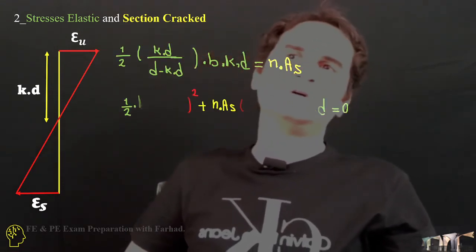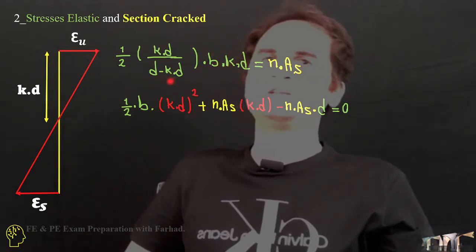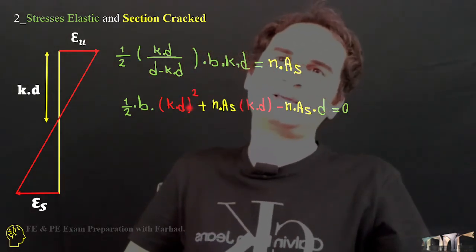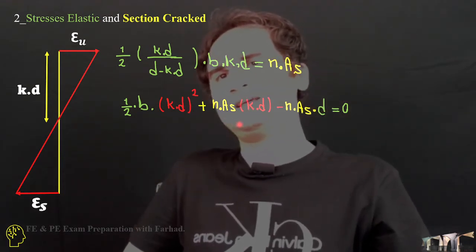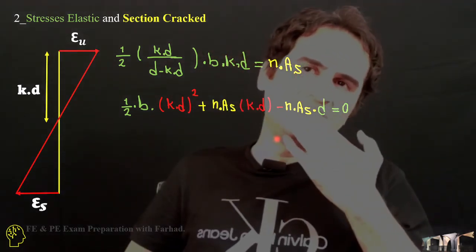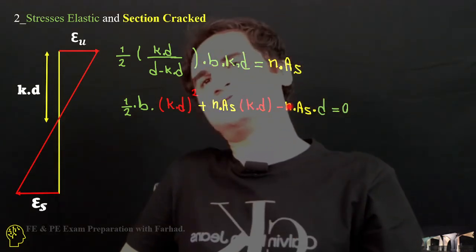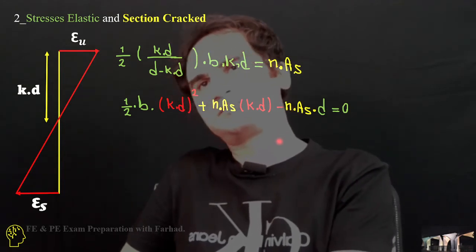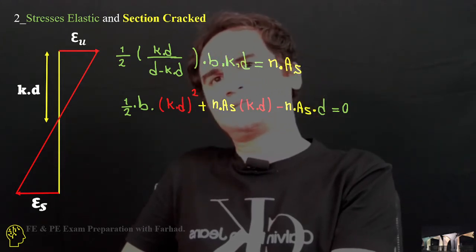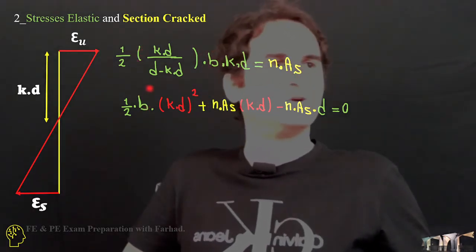So in such case, you can easily rewrite the equation based off kd and d minus kd. And if you multiply that equation and take this part to the other side, that's a half of b times kd squared plus nAs kd minus nAs times d, that's equal to 0. If you simplify this equation, we eventually reach this one.